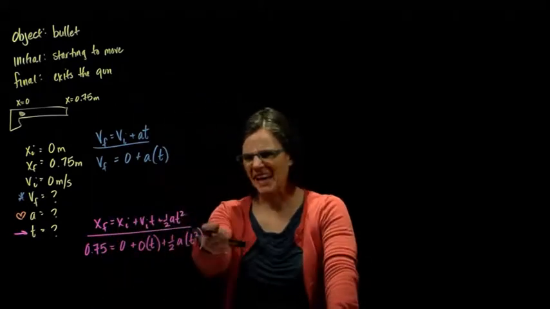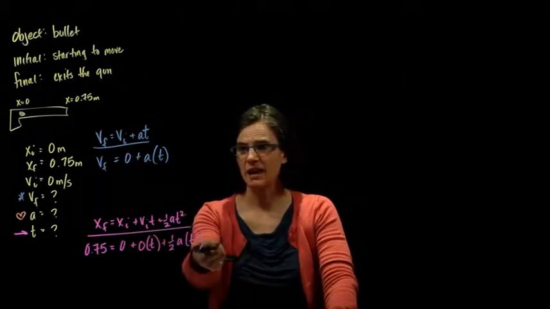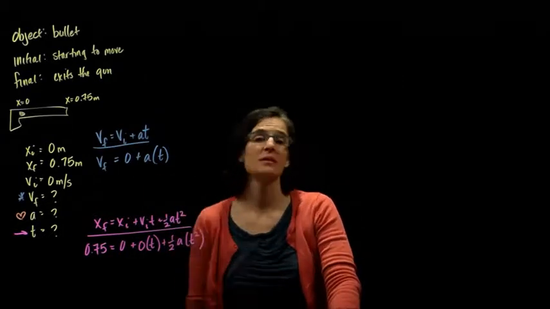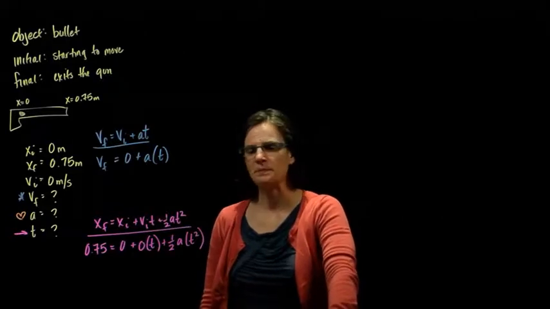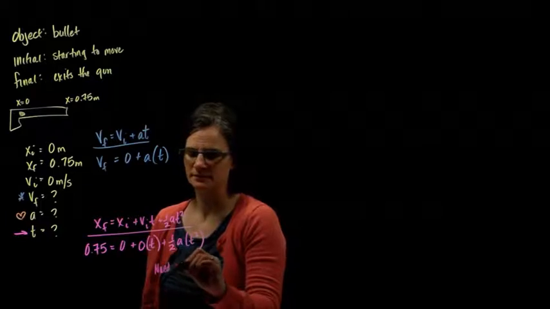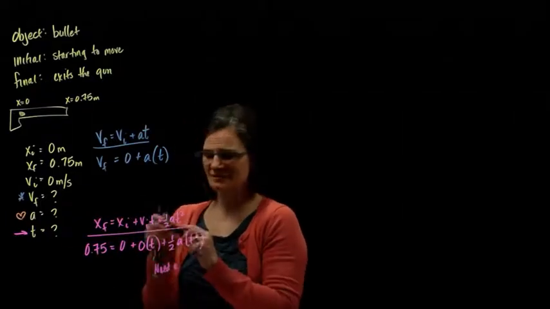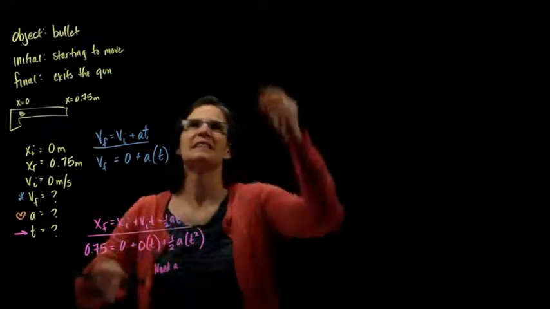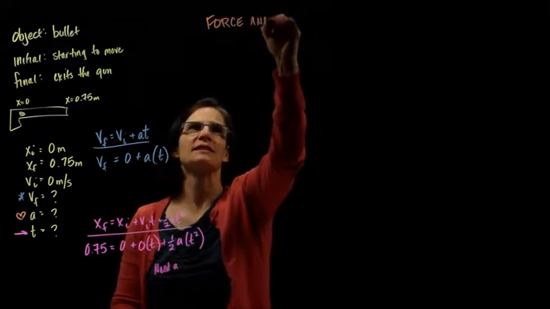If I knew a, then I would be able to get time. If I knew time and a, I'd be able to get v final. So I need acceleration to get this problem. Well, this tells me I need acceleration. Acceleration was something I needed up here too. Well, if I need acceleration, I might be able to find that in a force analysis.